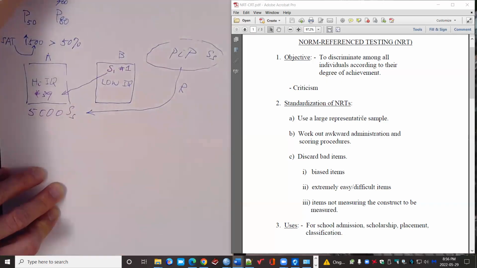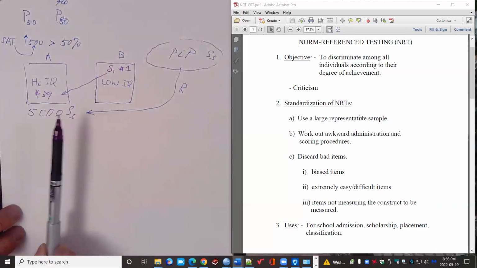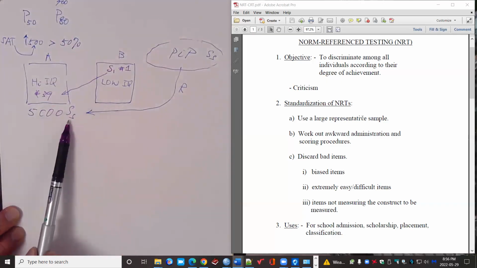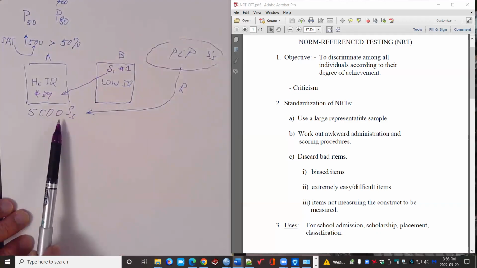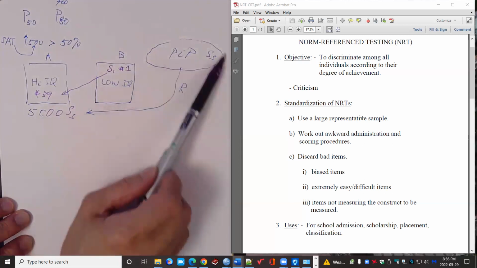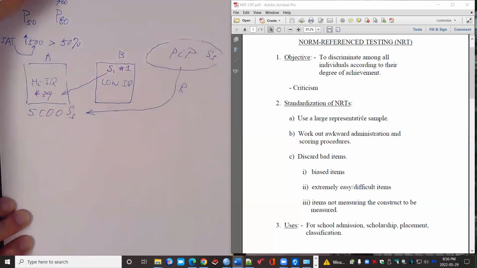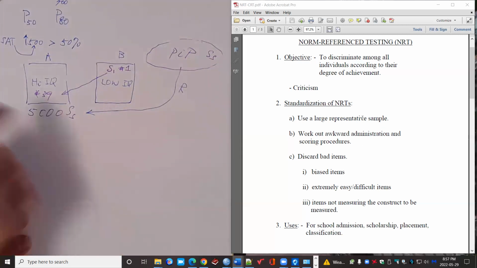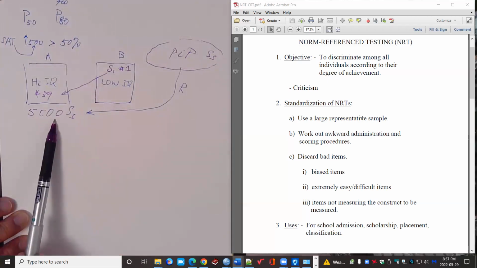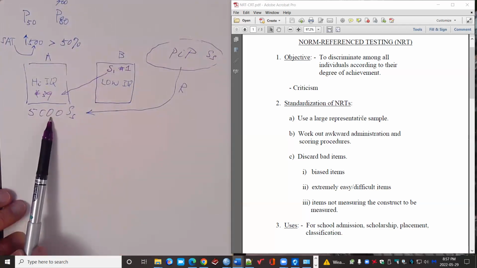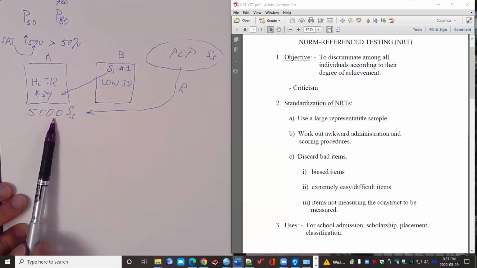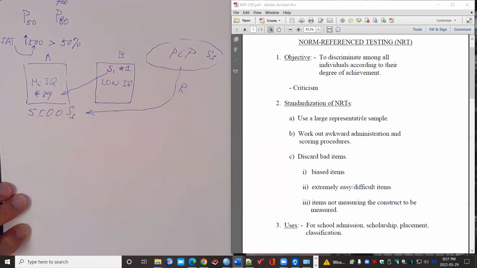So the likelihood is good that these 5,000 subjects form a good representative group to represent the population. Anything we find here, we can extrapolate the results back to the population. That's what is meant by a representative group.